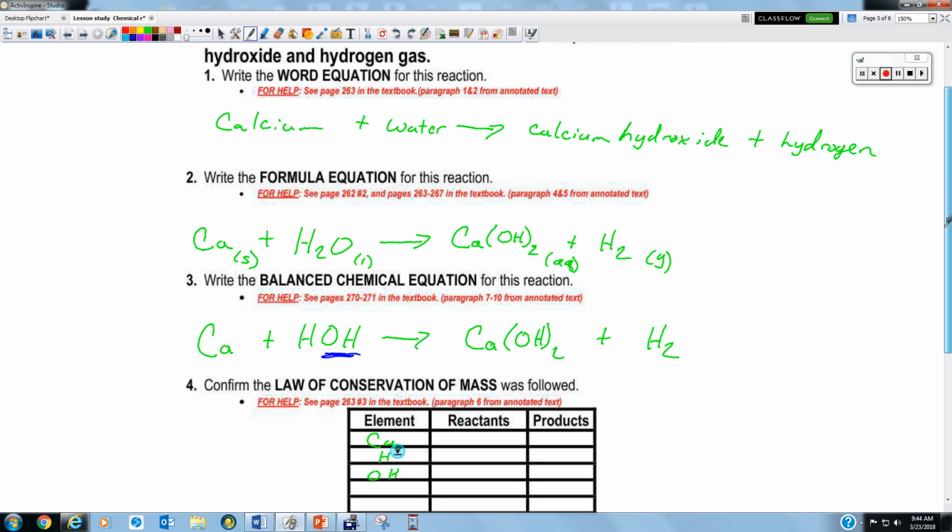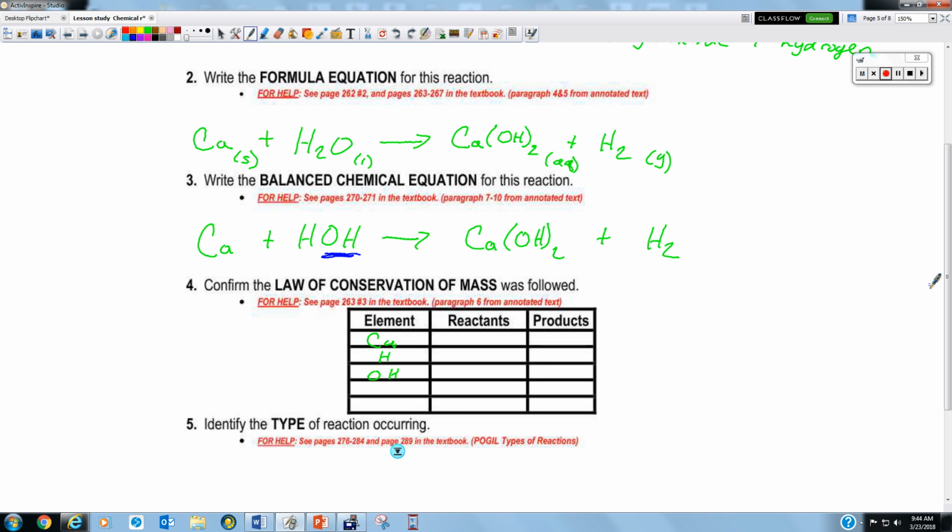So this one I'm going to use my little chart to balance it. Before I do any balancing, how many calciums do I have on the reactant side? 1. How many calciums do I have on the product side? 1. So right now, calcium is fine. Hydrogen. How many lone hydrogens do I have on the reactant side? 1. How many lone hydrogens do I have on the product side? 2.